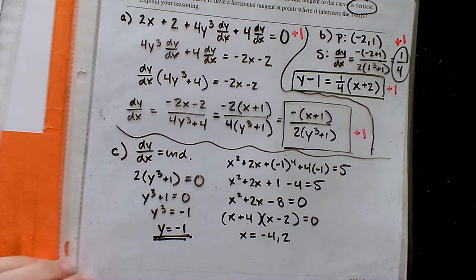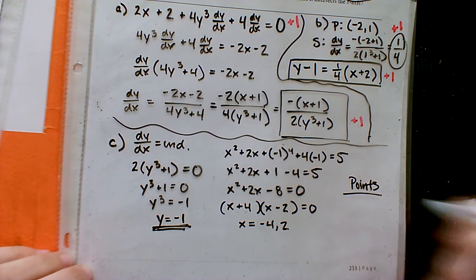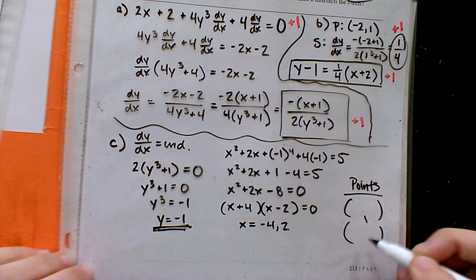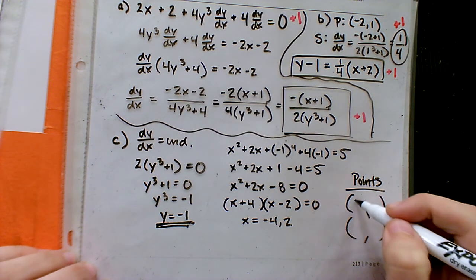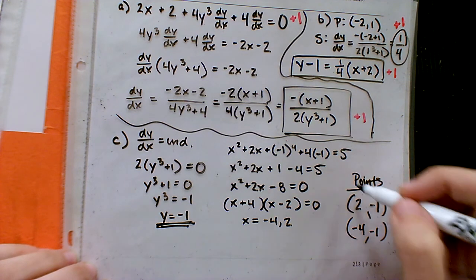Find the coordinates of the 2 points. So what are our coordinates? 2, -1. Okay, x, comma, y. And then the other point? -4, -1. Perfect.